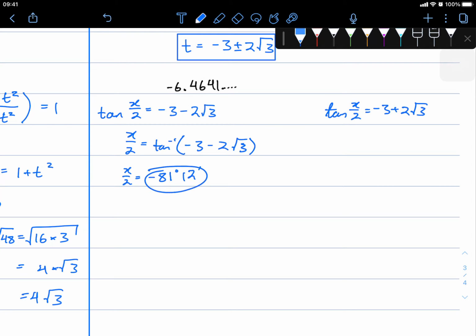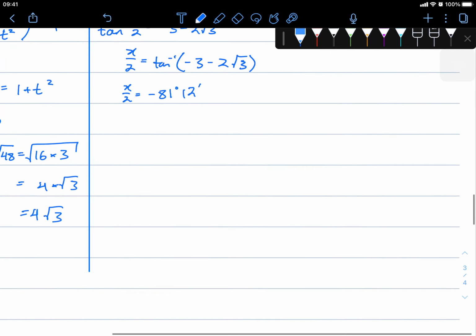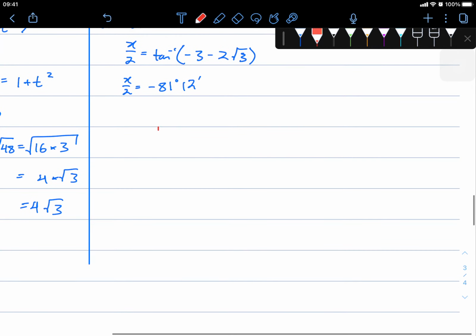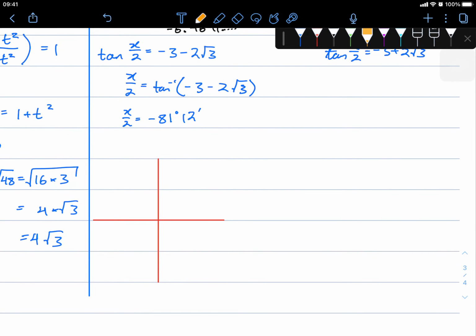But this is not in our domain. So instead, I'll look for the equivalent in the first quadrant of that. So that would be something that looks like this, where this angle here is positive 81 degrees and 12 minutes. So let's disregard this for now. Let's just use this as our reference.